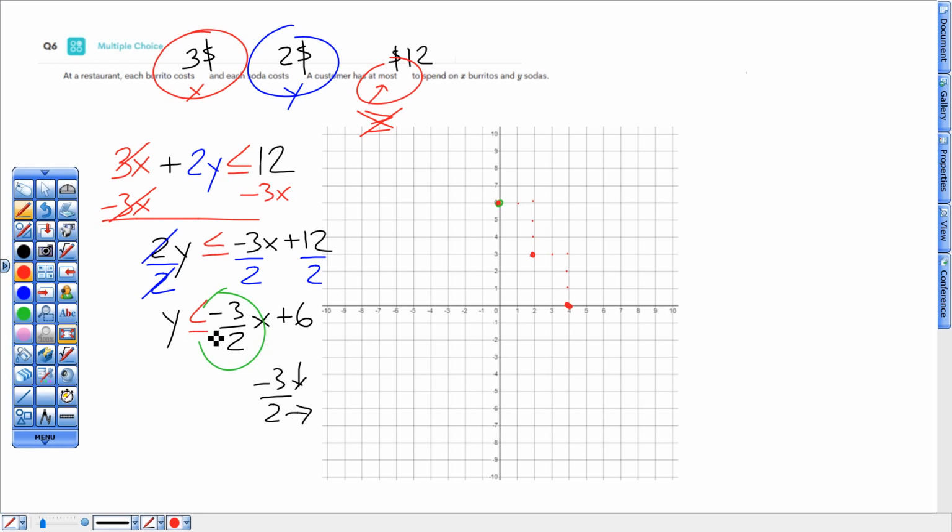So I'm going to draw my line. It's going to be solid line, shading below. So here's my line. Going to shade at below.